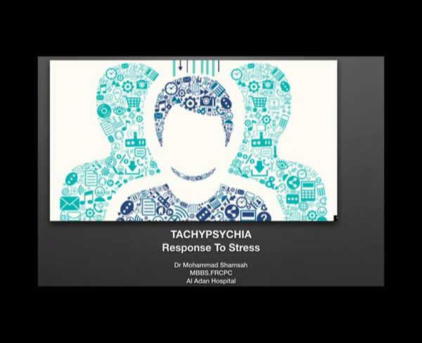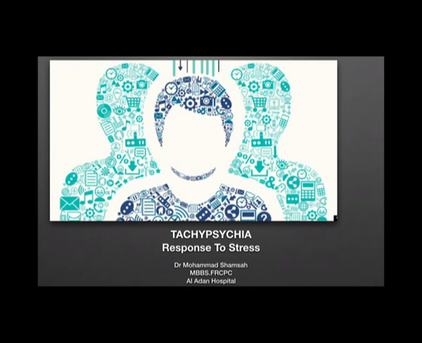So let me just define tachypsychia for you. Tachypsychia is basically a neurological condition where the time perception is altered. Sometimes you're doing something and you spend so much time, but it's like a second. And some other times, you'll be standing there waiting for an event to happen, and the minute appears like an hour. That is the definition.